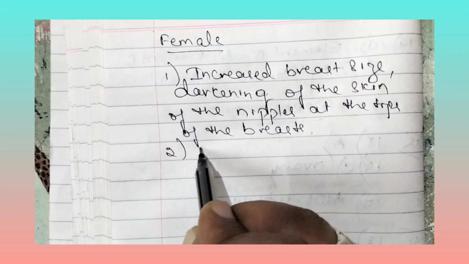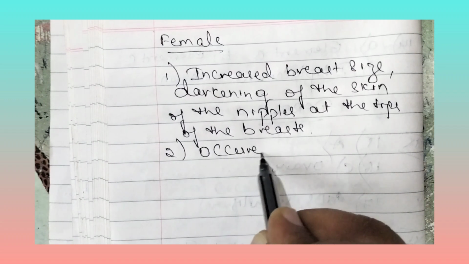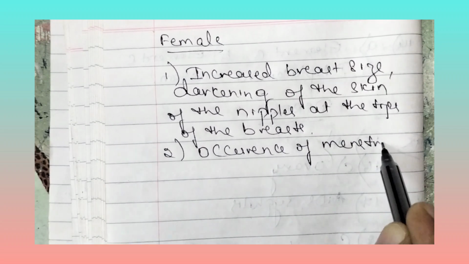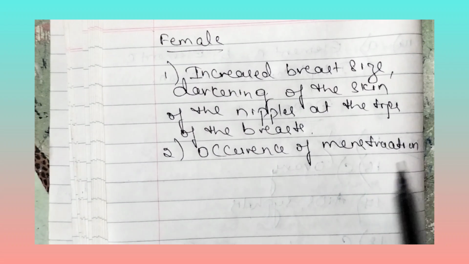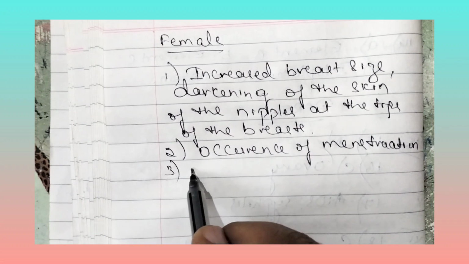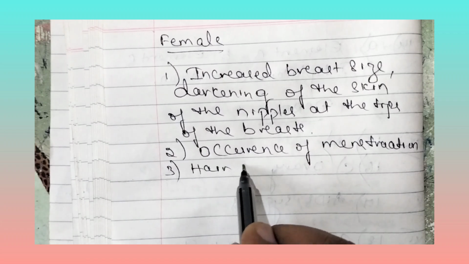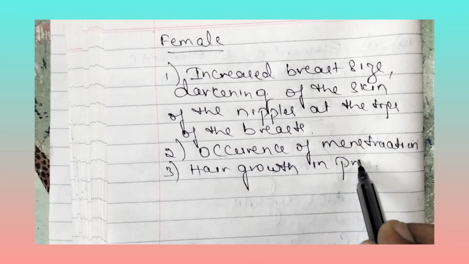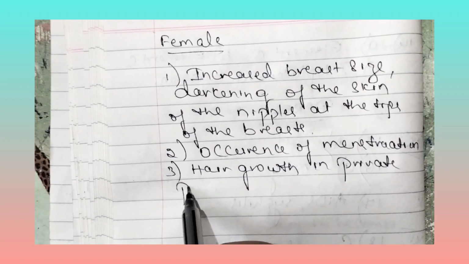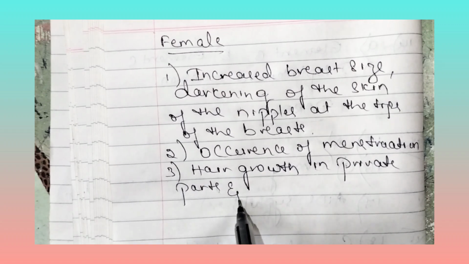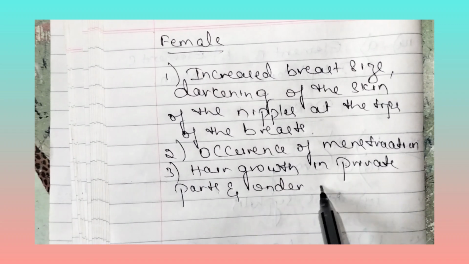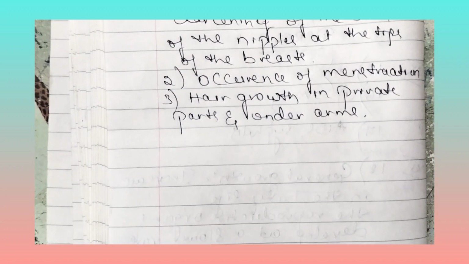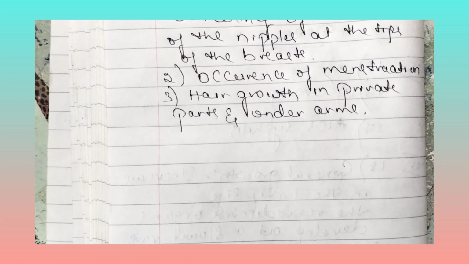Second one, occurrence of menstruation. Then third one, hair growth in private parts and underarms. So these are the things that you can observe in female, that is during sexually matured females.